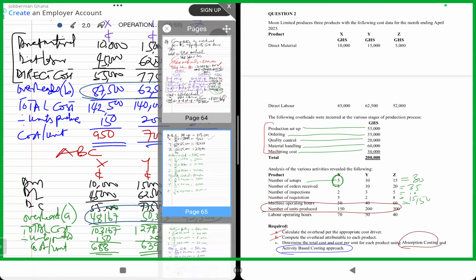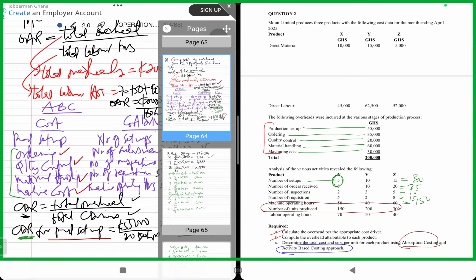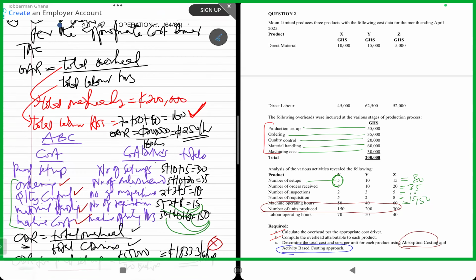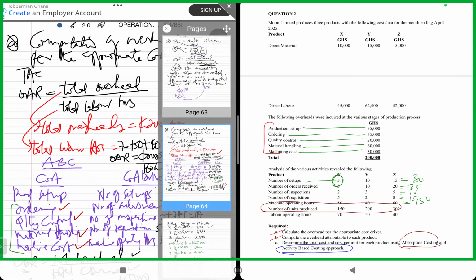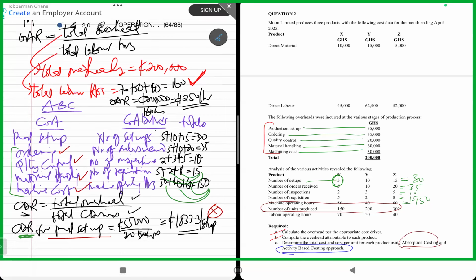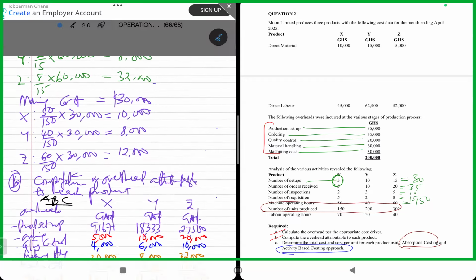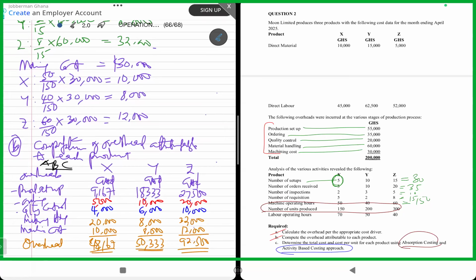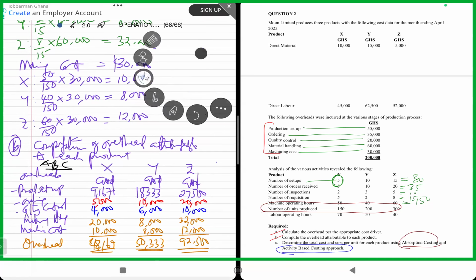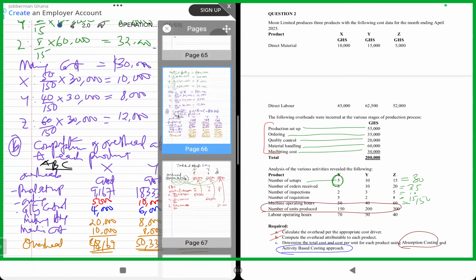No, it's after this, where we found the overhead for X, Y, and Z. No, it was after we finished B. Is it this? No. Or this?